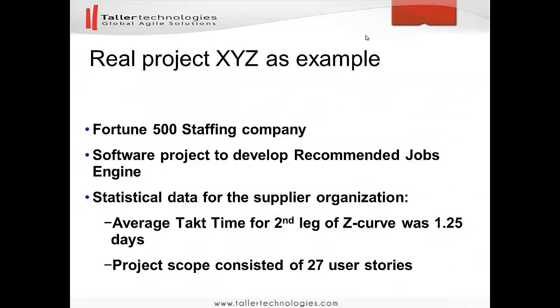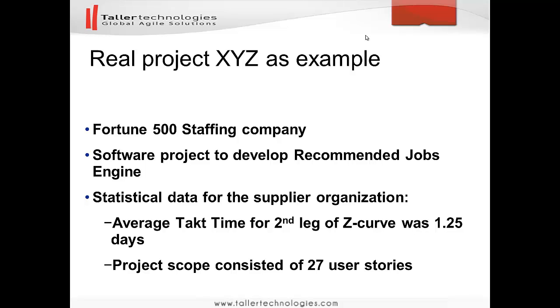First, about the project. It was a project for a Fortune 500 staffing company. It was a software project to develop a recommended jobs engine for them. We possess some statistical data for the supplier organization, for the developers, and we know, for instance, that the average takt time for the second leg of the Z-curve was 1.25 days, and we know that the project scope consisted of 27 user stories.